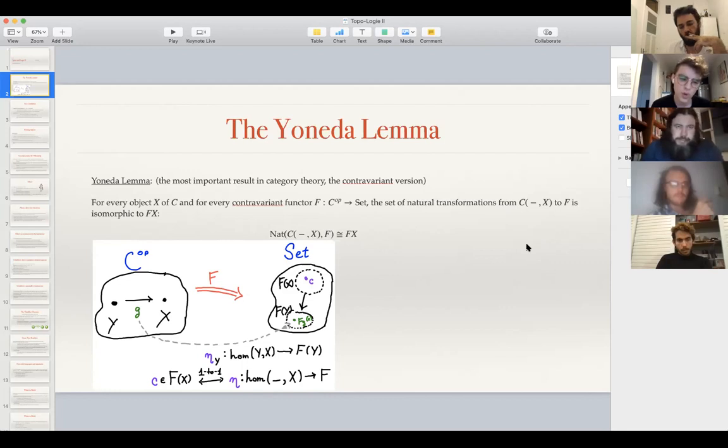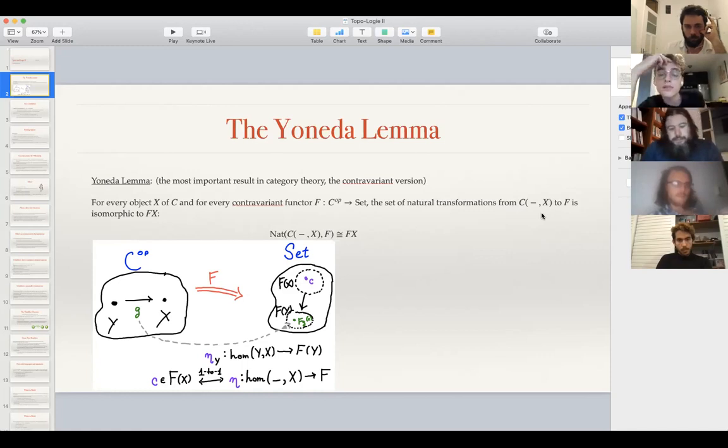Just to remember, C blank X is a functor from C op to Set.